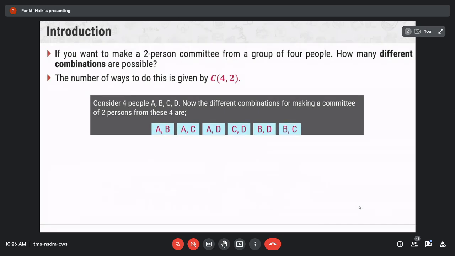These are the possible combinations of two persons from these four people A, B, C, D.